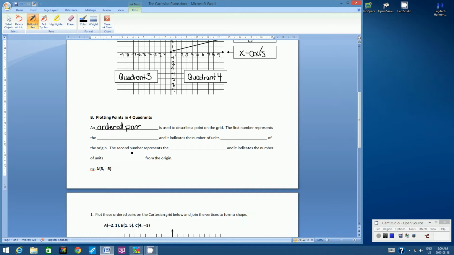The first number represents the x-coordinate. In this case the 3 represents the x value, and it indicates the number of units right or left of the origin.